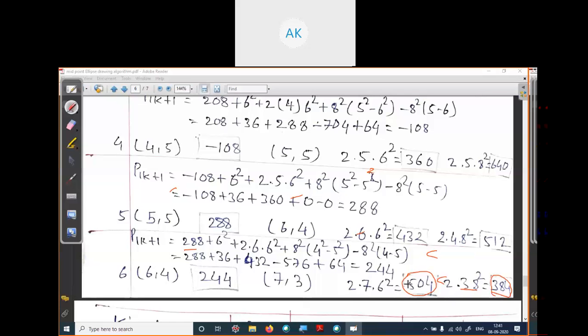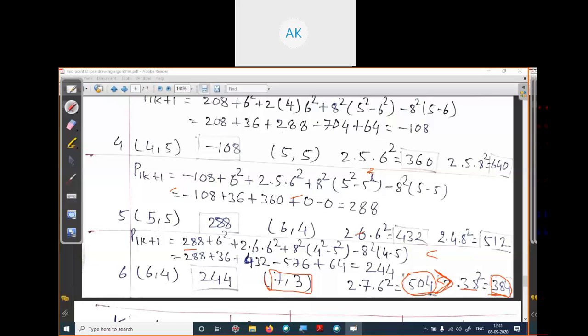And now as you can see, this value is greater than this value. Your left hand side is greater than your right hand side, means now you have entered into region 2. As you can see, our condition is satisfied, and this is the last point of region 1, 7 3.